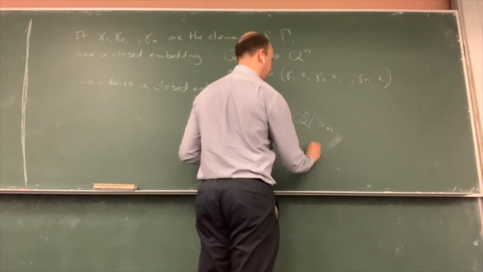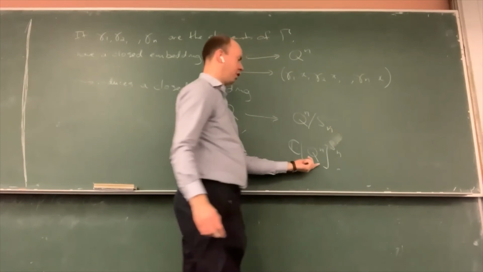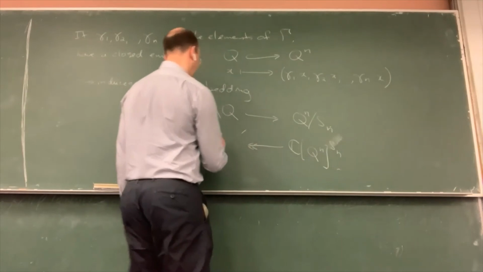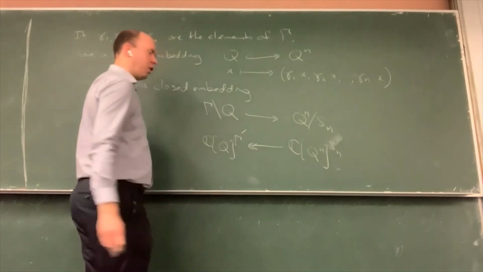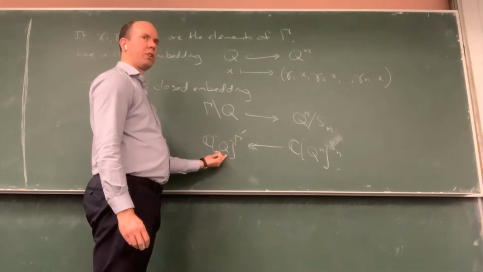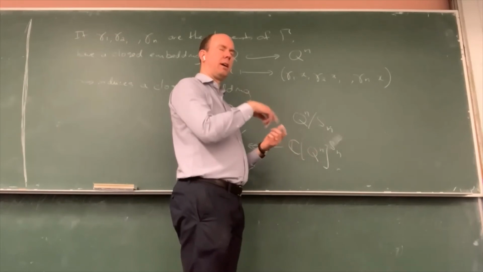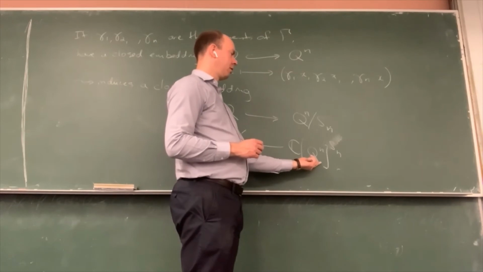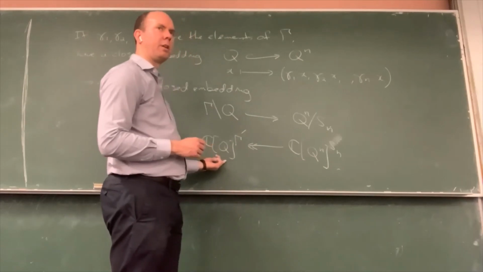So here you have the Sn invariant polynomial functions on the direct sum of n copies of Q, and here you have the gamma invariant polynomial functions on Q. And so if you have any gamma invariant polynomial function on Q, you can just take that polynomial in each component of your direct sum, and that will give you an Sn invariant polynomial function on Qn, which maps to that one that you had.